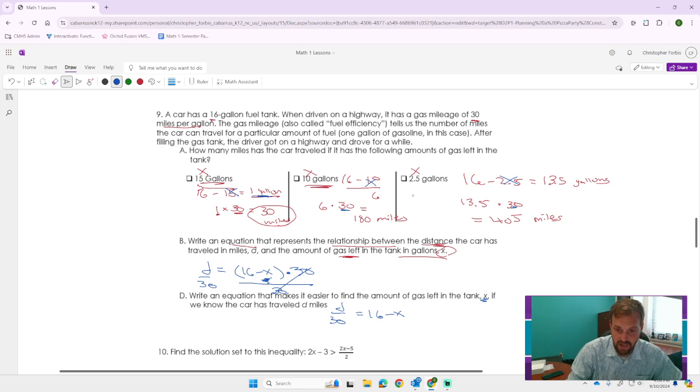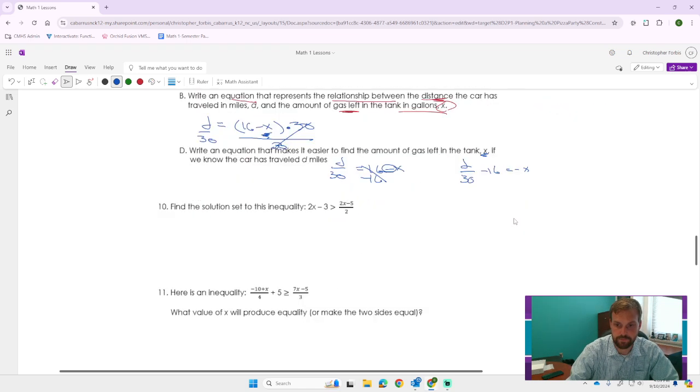I can subtract positive 16 from both sides. So I get d over 30 minus 16 equals, and that's a negative x. Don't forget about this negative right here. And then we can get rid of the negative by dividing everything by negative 1.